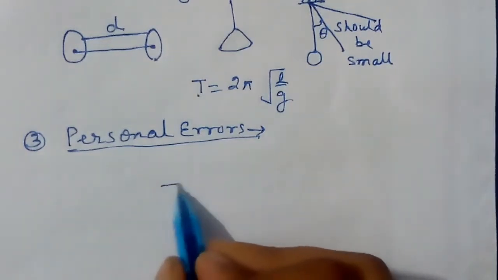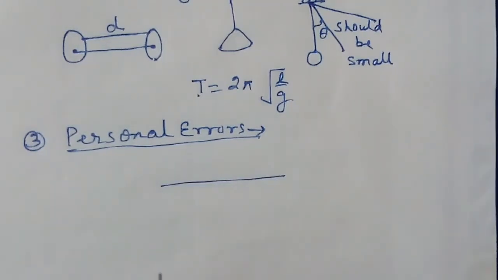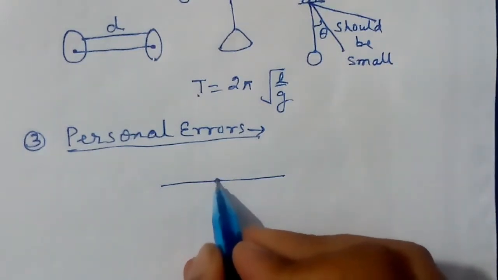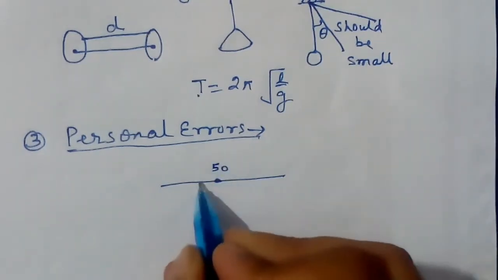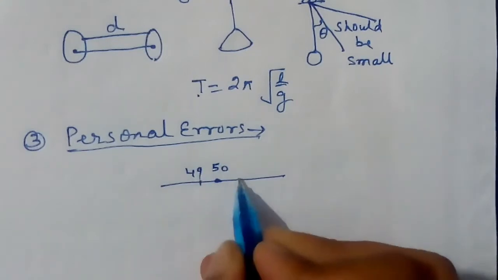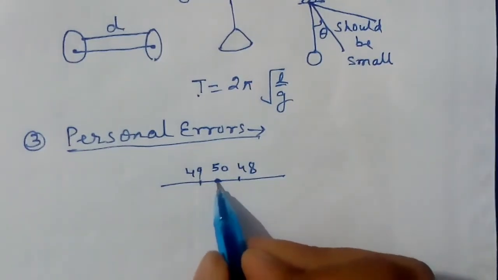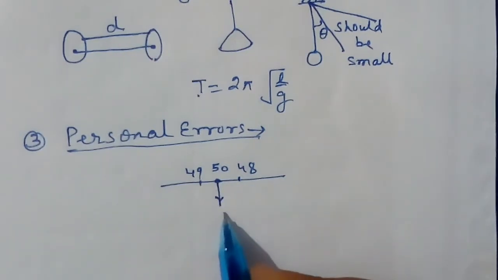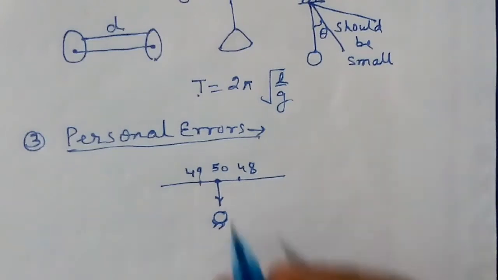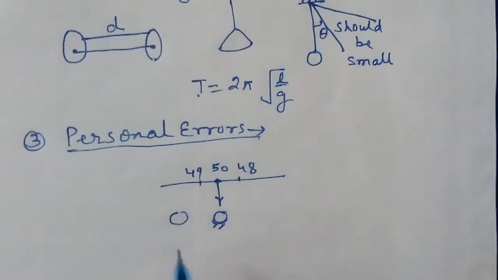Suppose we have to measure some length, and here we have a value 50, here 49, here 48. Now one person took the observation from here, and its reading is 50, and one at the side, because so many students, 3-5 students, are standing there.